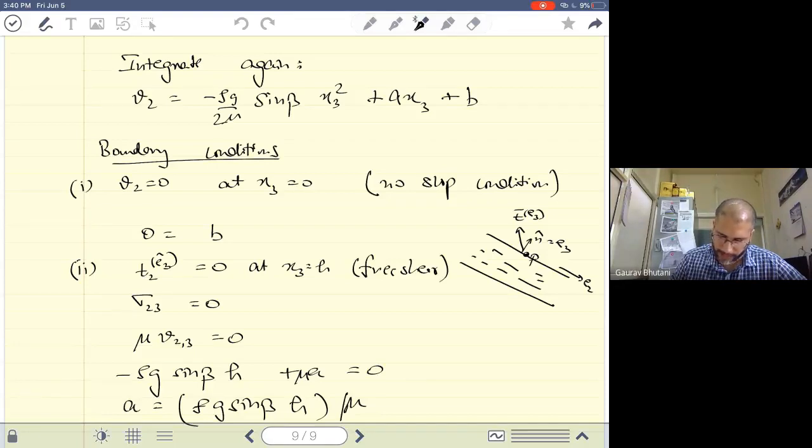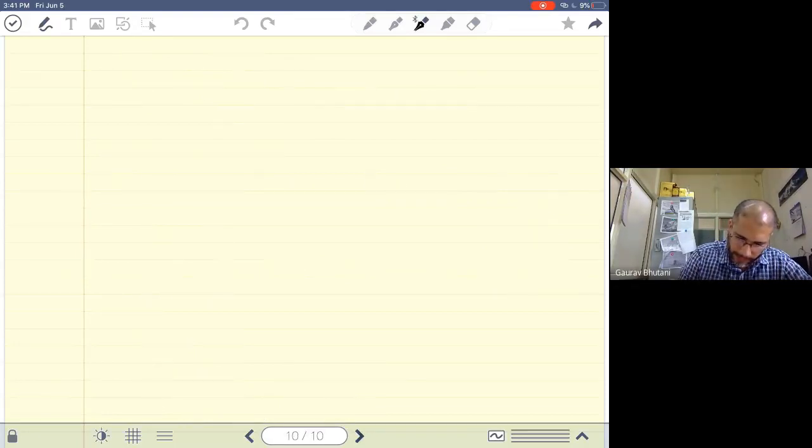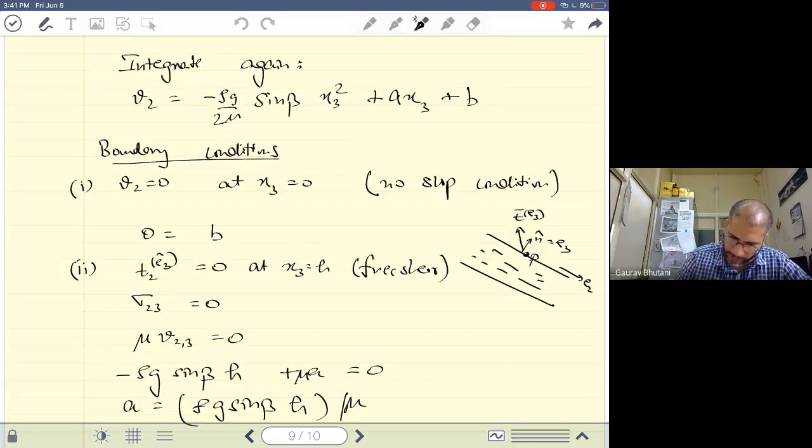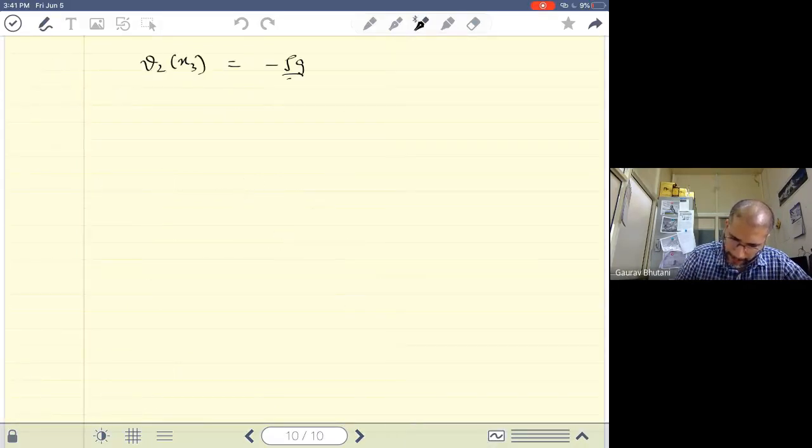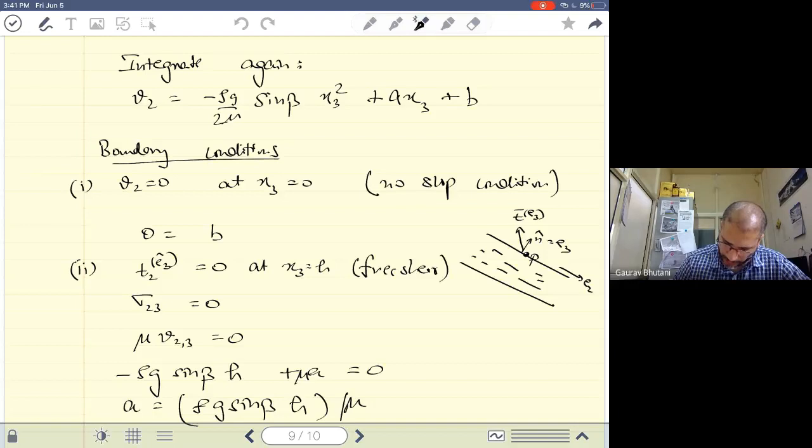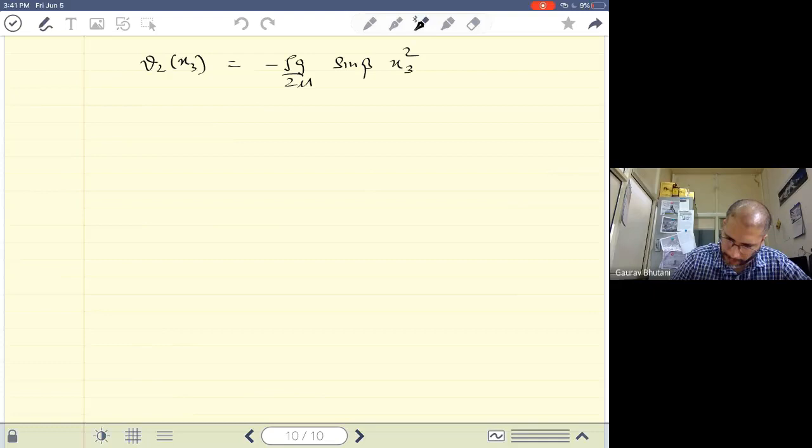So let's substitute that. So our v2 finally, which is a function of x3, is minus rho g by 2 mu times sine beta x3 square plus rho g by mu sine beta h times x3.